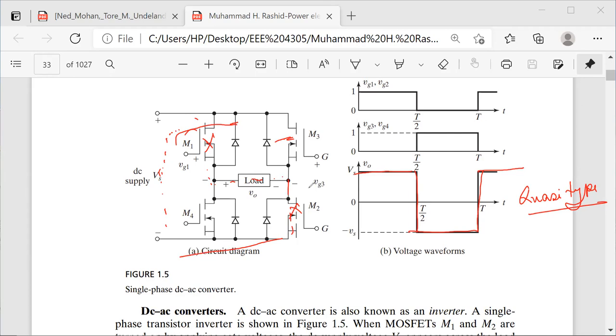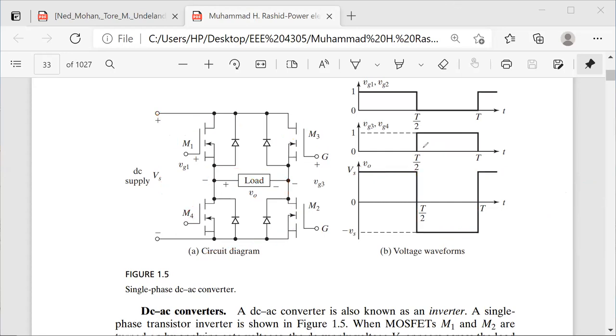If you apply Kirchhoff's voltage law, you will get a positive voltage here. Since the current is going from positive to negative, V0 will be positive VS. And for the negative half cycle, M3 and M4 will be turned on, and then we will get a negative voltage. This way we can always get the operation of the inverter.